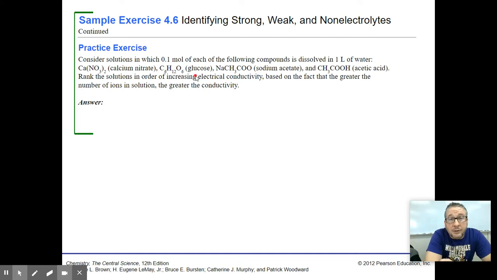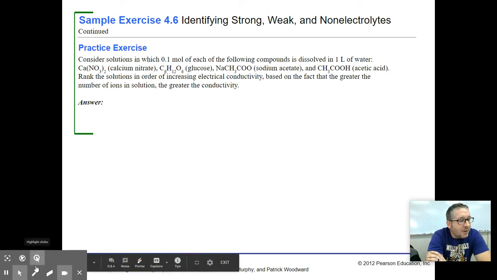Well, that would be glucose. Glucose is a molecular compound. It's neither an acid nor a base. It can dissolve in water, but it does not dissociate into ions. So, glucose will be our weakest.